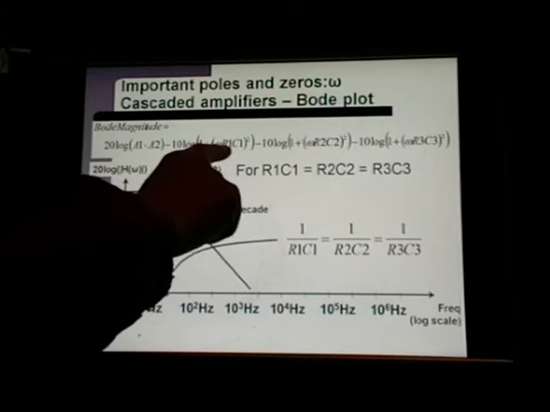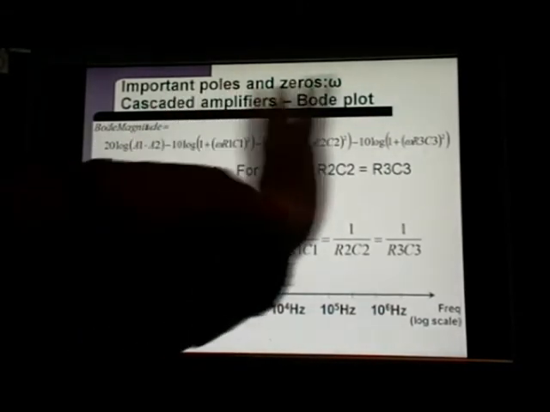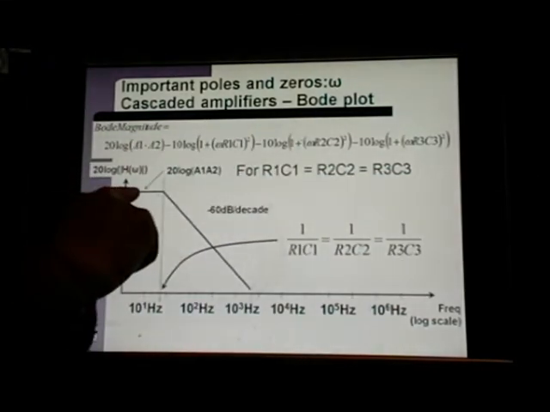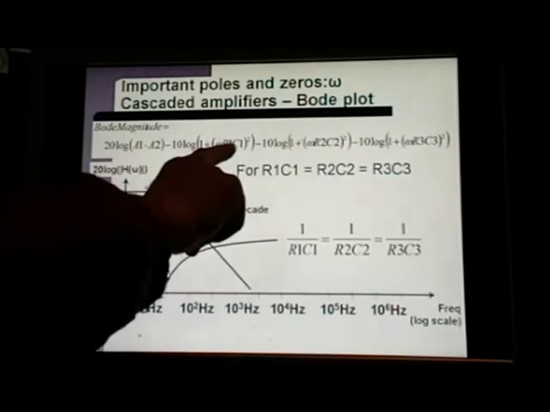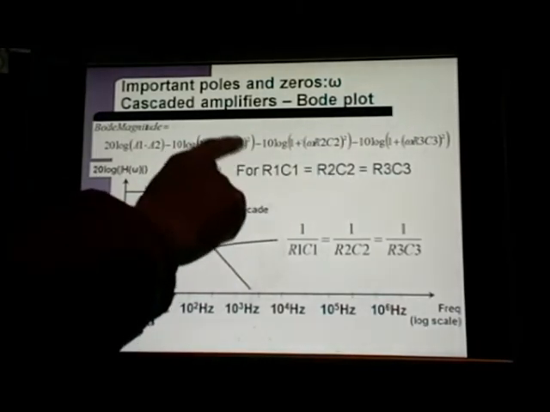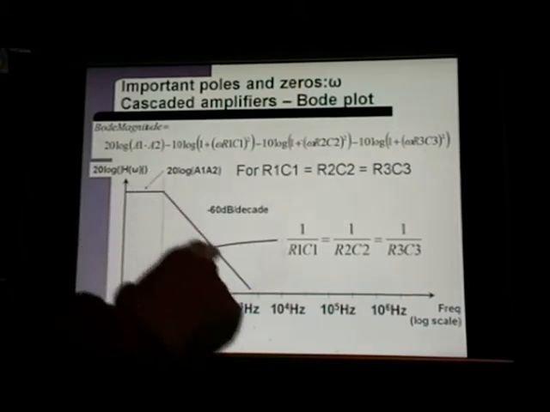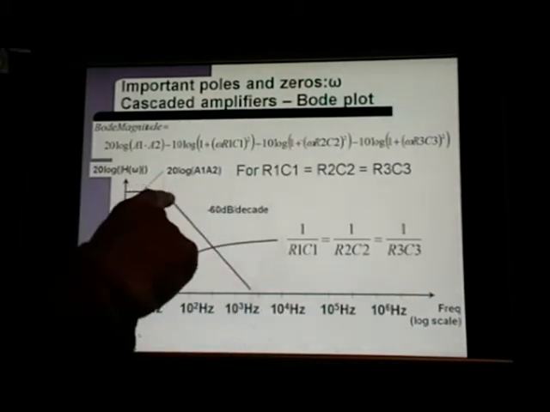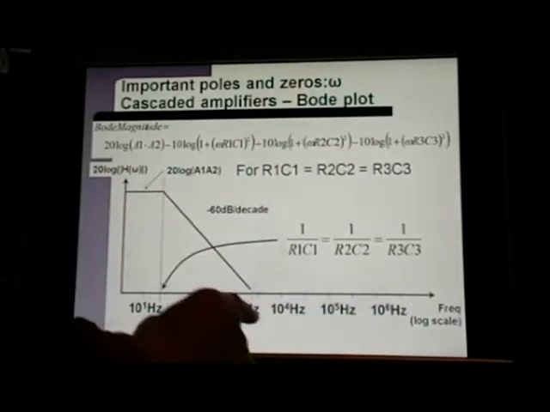This omega RC is much smaller than 1, then you can ignore all of these and you just start off with your 20 log of A1, A2. Then you get to the point where all of these hit the corner, where this omega R1C1 becomes on the order of 1. And now they all contribute minus 20 dB per decade at the same point, and since you're just adding them, you get minus 60 dB per decade.